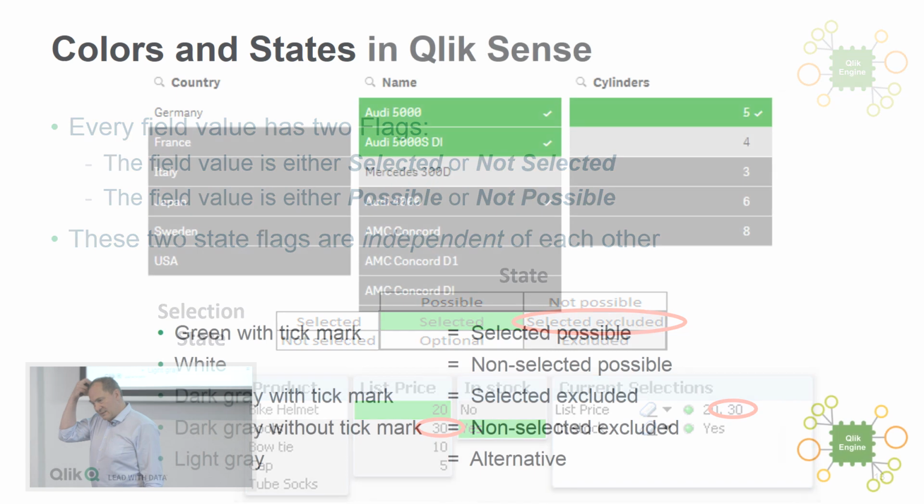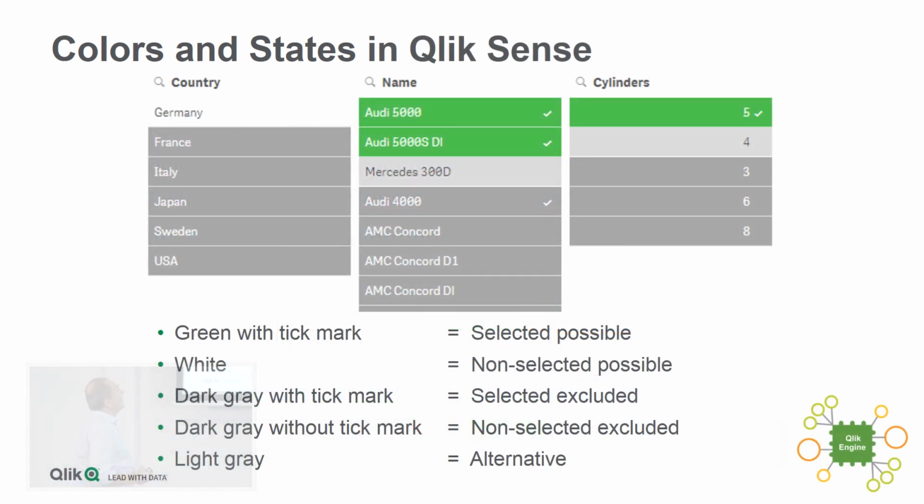In Qlik Sense, it's smarter, because you can see that there are a number of gray things up here, and there is in fact one gray that has a small tick mark on the side. That is the selected excluded. So here you can right away see whether some things are selected excluded.